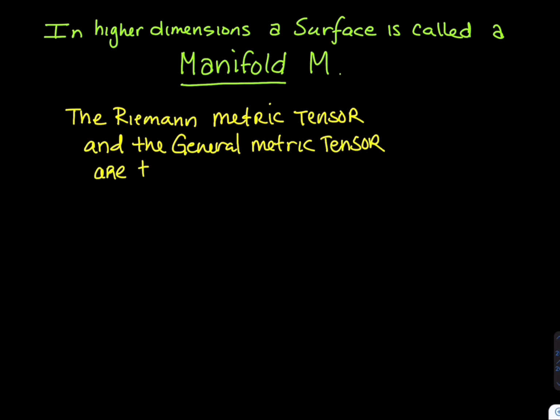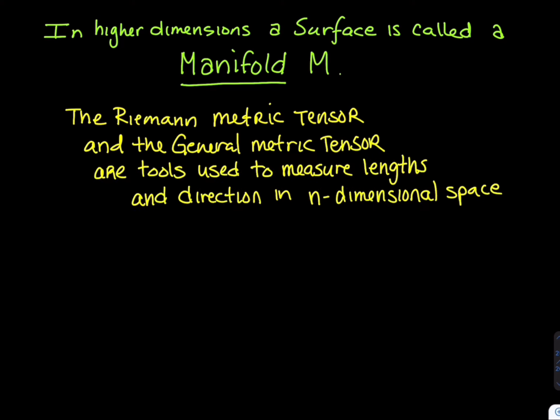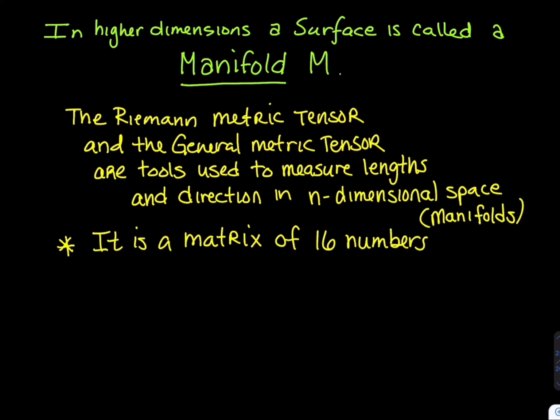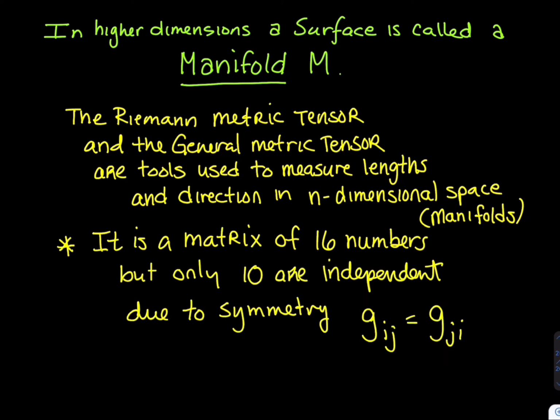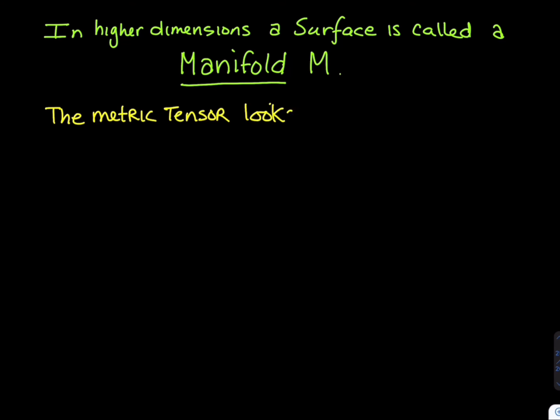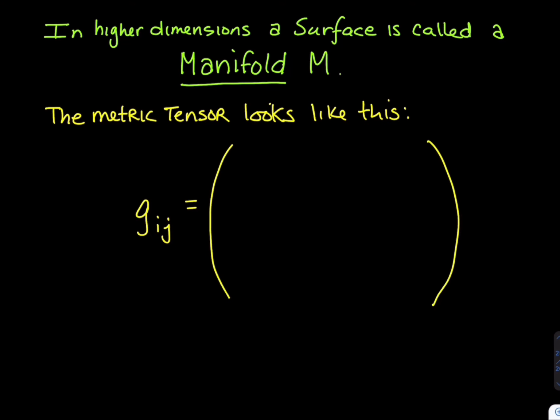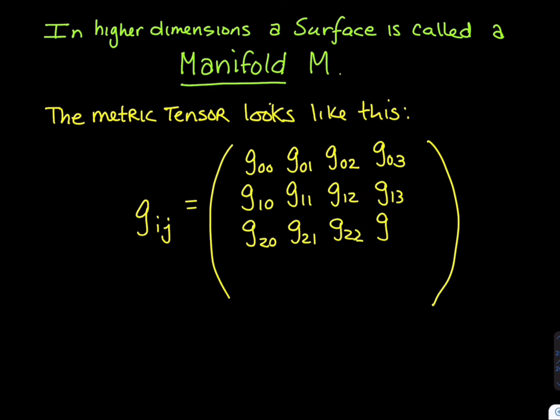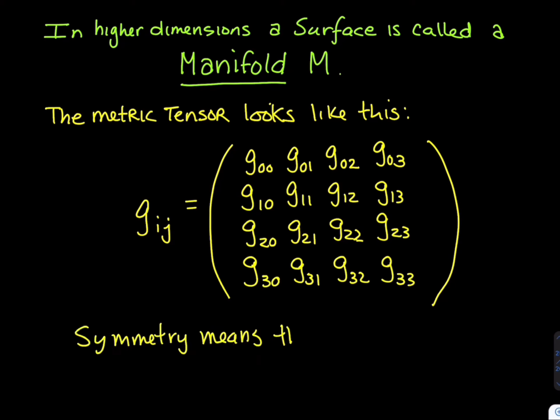The Riemann metric tensor and the general metric tensor that measures all of the things in higher dimensional spaces work on manifolds, and the matrix is really 16 numbers, but 10 of them are independent due to some symmetry among the elements. So it looks something like this, a matrix of entries 4 by 4, since it's a 4-dimensional space. And each one of these numbers would represent some type of measure of curvature in the space.